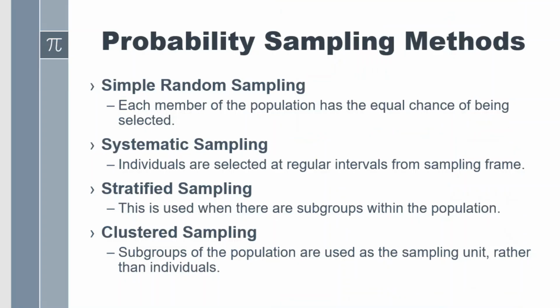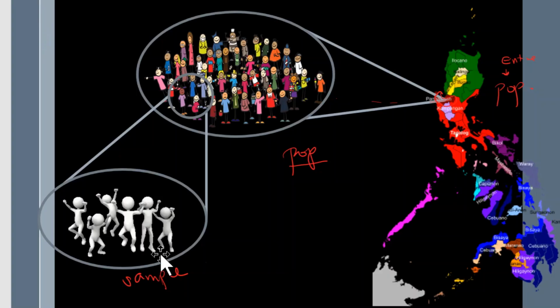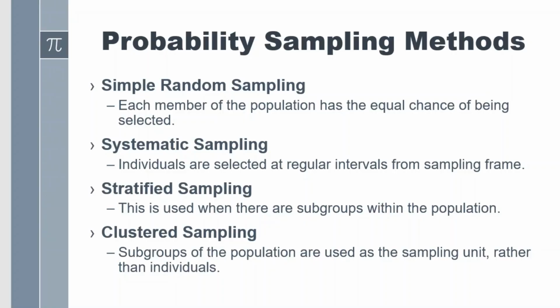Now, in statistics, we have probability sampling methods, because let's go back to your population. In your population, how are you going to determine who among these individuals will be part of your study? So we have probability sampling methods.